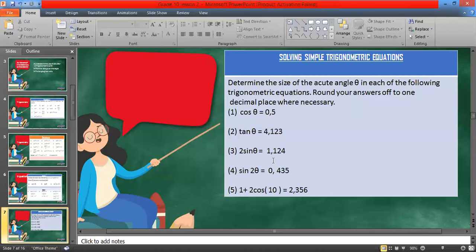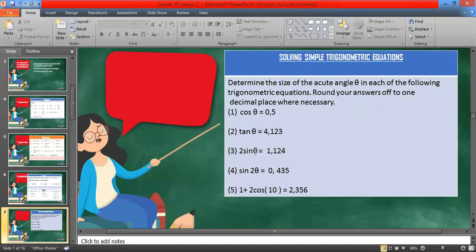After doing that, you now have to find your theta by finding the sine inverse of your answer. So when you have equations like this, the first thing to do is to move your 2 away by dividing both sides by 2.